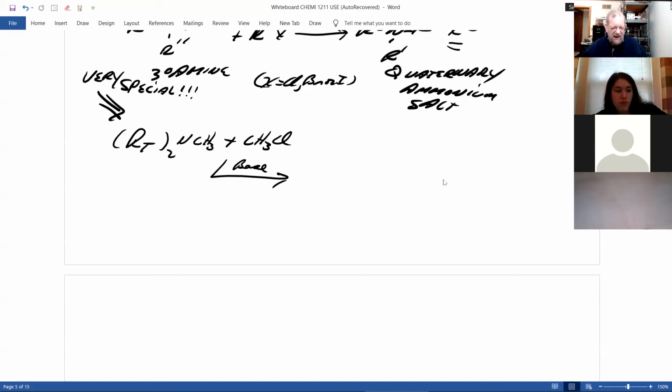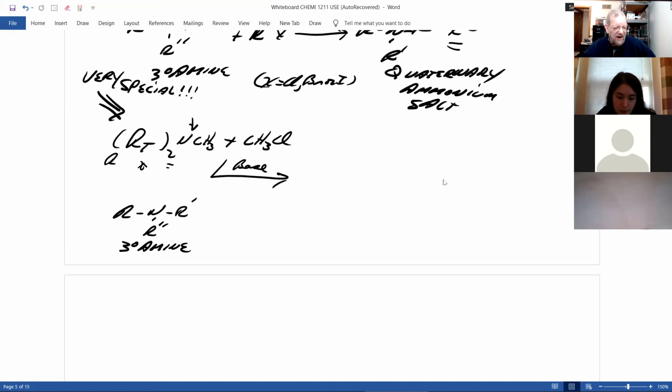All right, let's look at this. What's the product or products, organic product or products, for the following reaction? So we look here and say, what's different? Oh, nitrogen. And this is a tertiary amine. Remember, this means there are two R sub T tallow groups on that nitrogen.